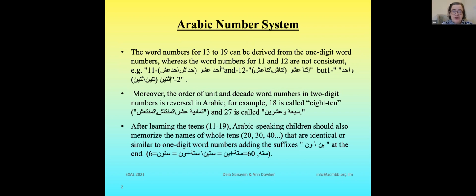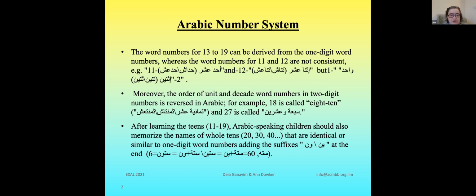So in Arabic, the number words for 13 to 19 can be derived from the one-digit number words, whereas the number words for 11 and 12 are not consistent in this respect, fairly similar to English actually. And the order of unit and decade number words in two-digit numbers is reversed in Arabic, so that, for example, 18 is called eight-ten, not too unlike the situation in English once again, and 27 is called the equivalent of seven and twenty, so that in many ways it is in these respects similar to German in having the inversion property.